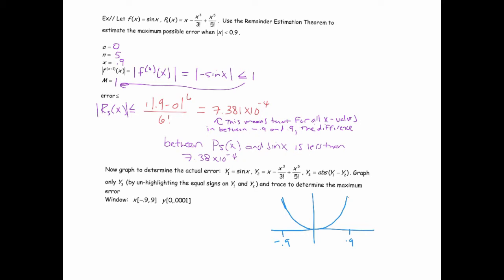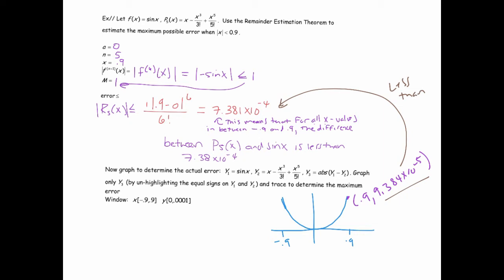And this y value here I just calculated, so that's the 0.9, and it's 9.384 times 10 to the negative 5. So that is actually the maximum error on that interval, and that is definitely less than what we got there.